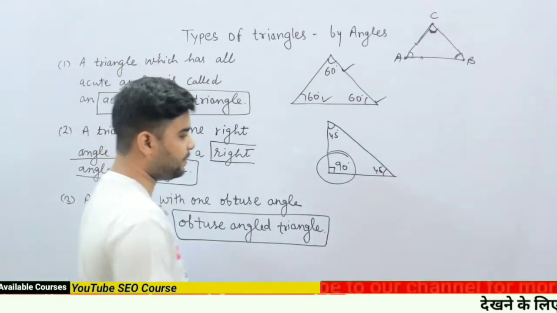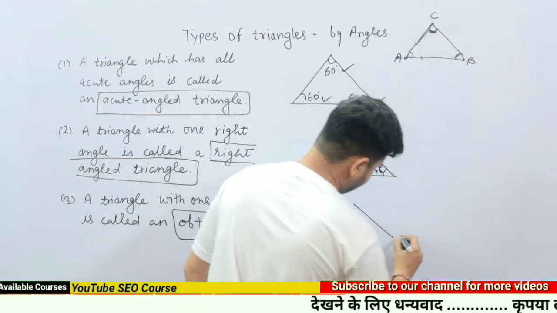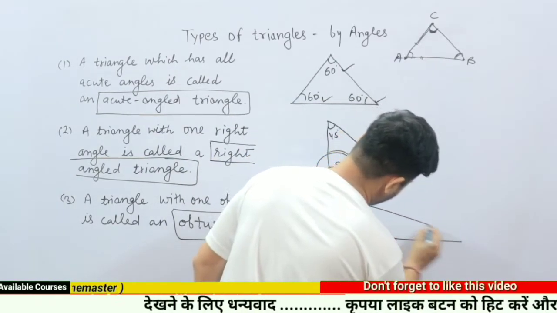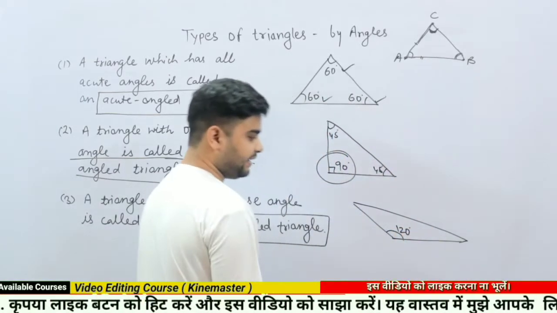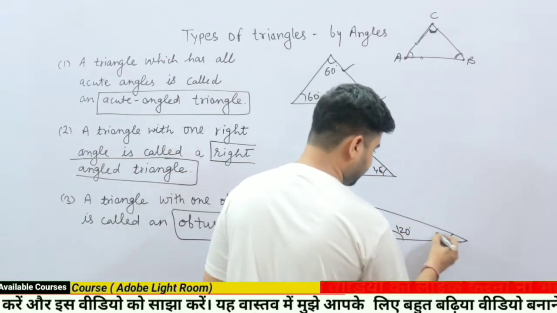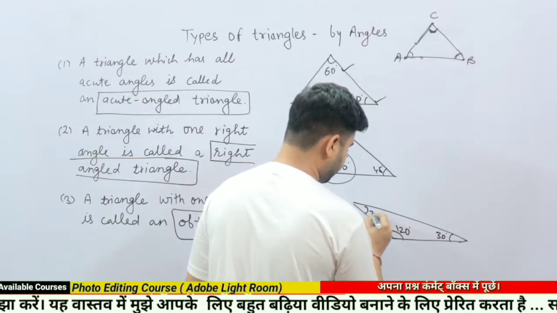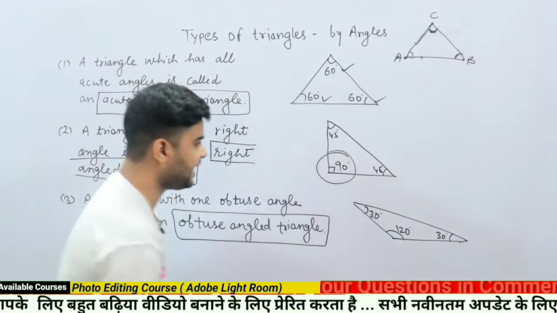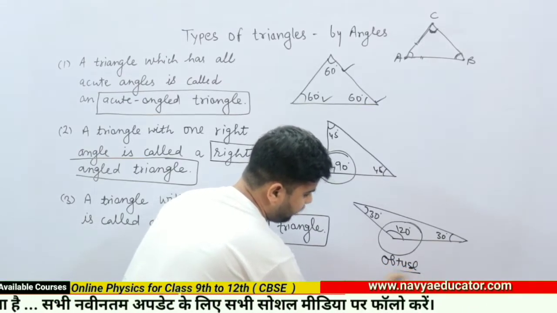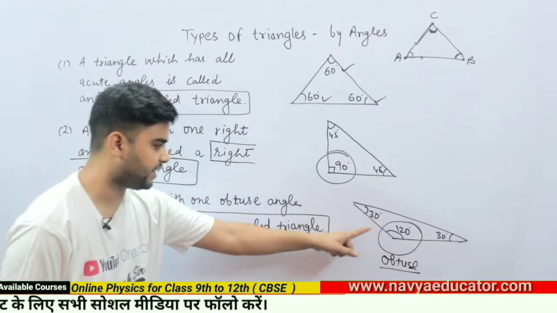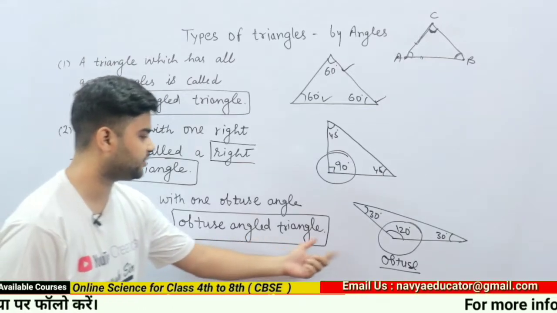For example, if there is a triangle like this, this is 120 degrees, this is 30 degrees and this will be 30 degrees. So you can see that this angle is obtuse here. That's why this triangle will be said to be an obtuse angled triangle.